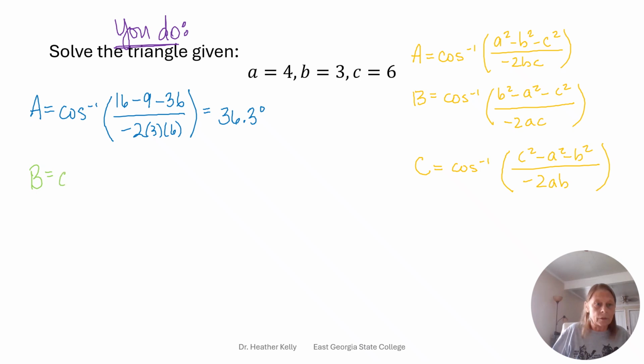Angle B is the arc cosine of 9 minus 16 minus 36 all over negative 2 times 4 times 6. And that gives us 26.4.